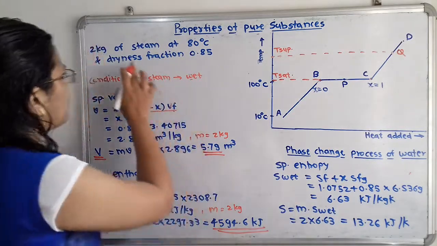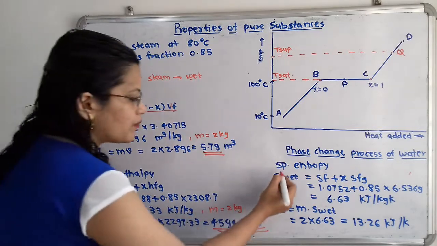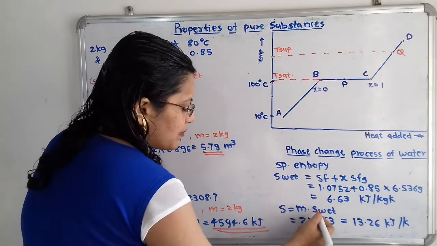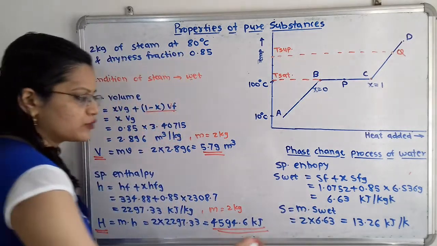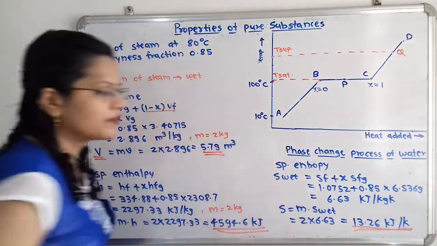But m is equal to 2 kilogram. So what is the total entropy? For total entropy we use capital S, that is mass multiplied by the specific entropy for wet steam. So the answer is 13.26 kilojoule per Kelvin.